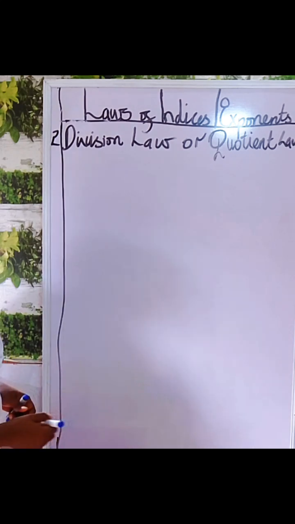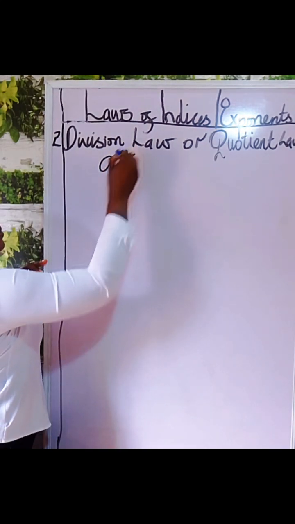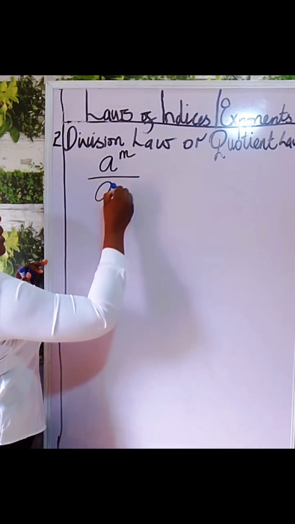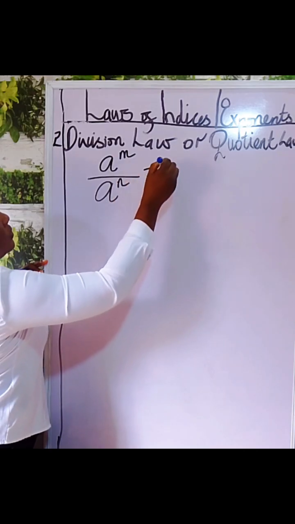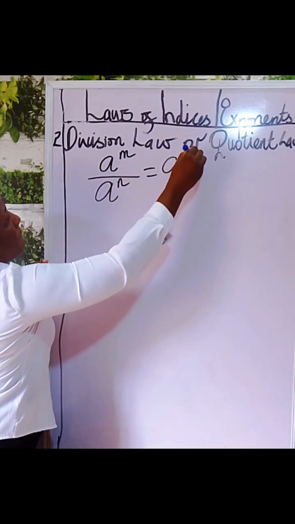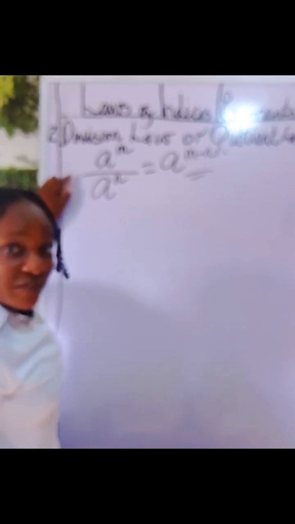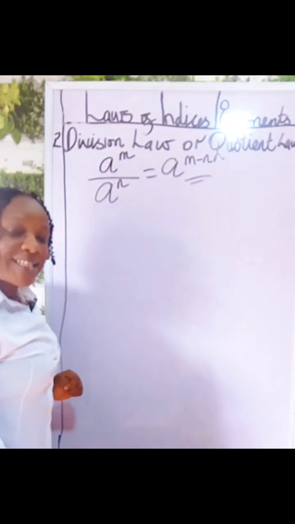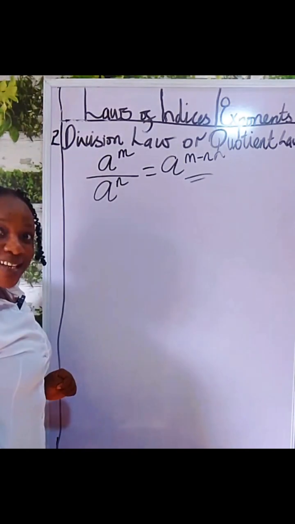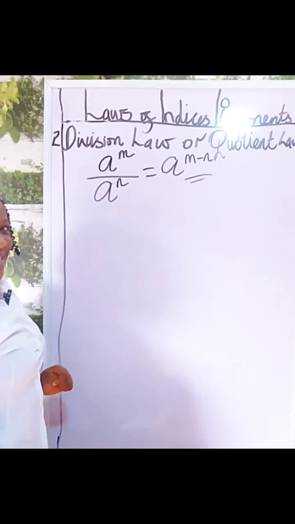It says A to the power M divided by A to the power N is equal to A to the power M minus N. Now when you are given division, the powers must be subtracted. Do you understand?